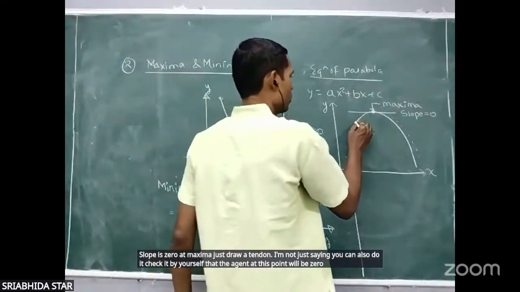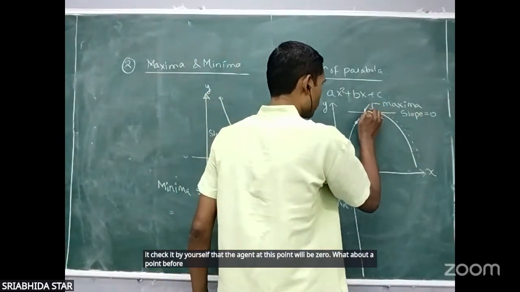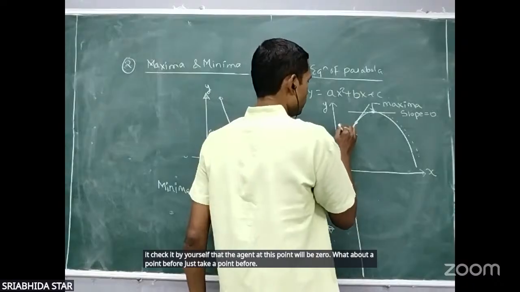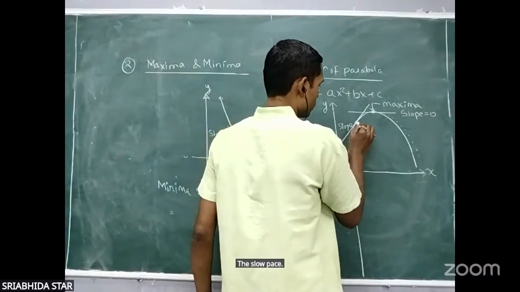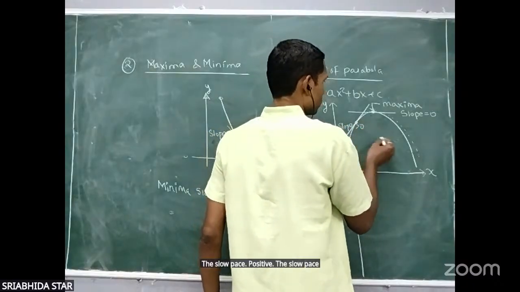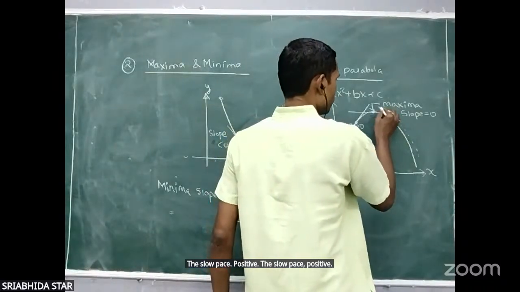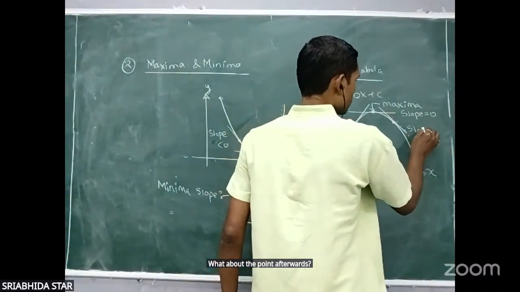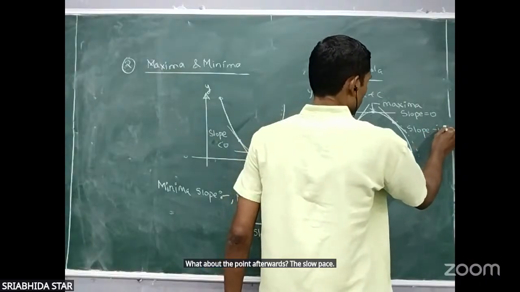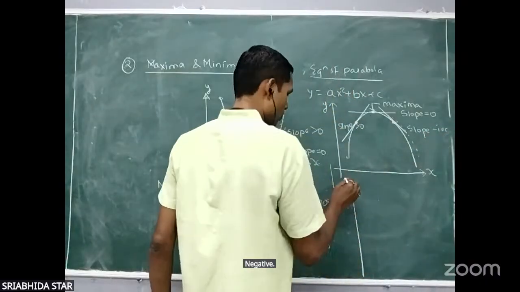What about a point before? Just take a point before. The slope is positive. What about a point afterwards? The slope is negative. So what is happening for a maxima?